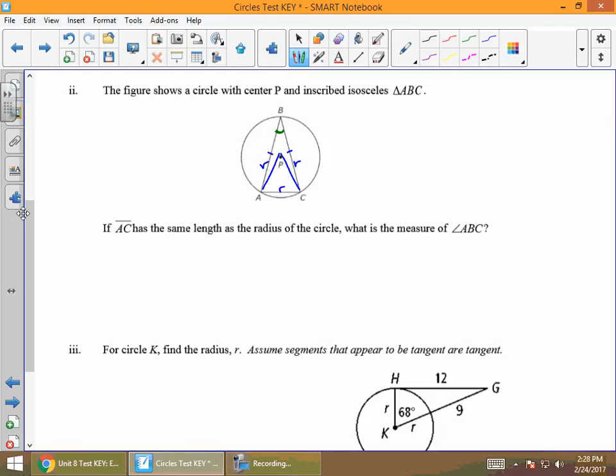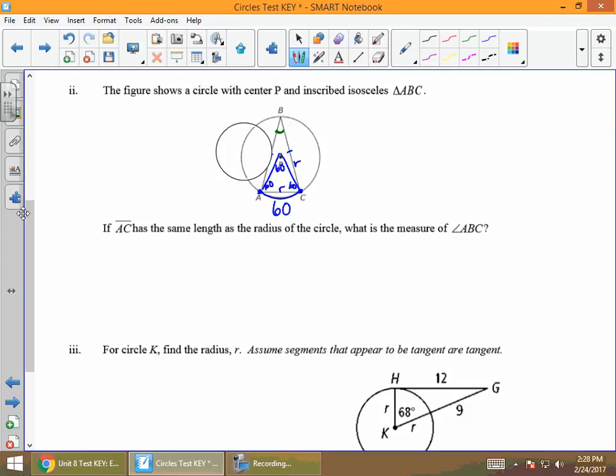All the sides are the same, which means all of its angles are 60. So 60, 60, and 60. So now my central angle, APC, is 60 degrees, which makes arc AC also 60 degrees.